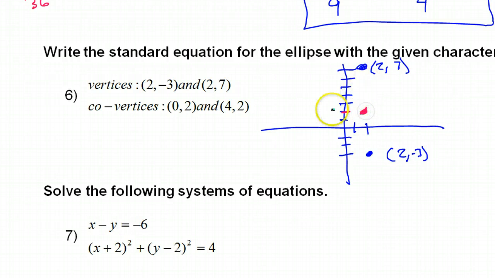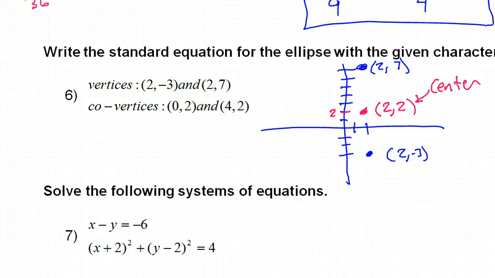This is the halfway mark. This is 2. 2 is halfway between 7 and -3. Okay, so that makes this actually then the point 2, comma, 2. All right, it's over 2 and it's up 2. So this, my friends, is the center.